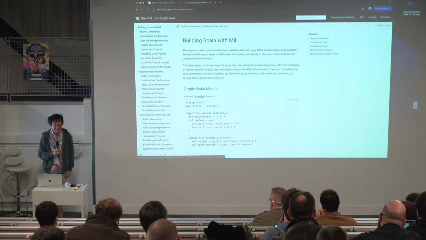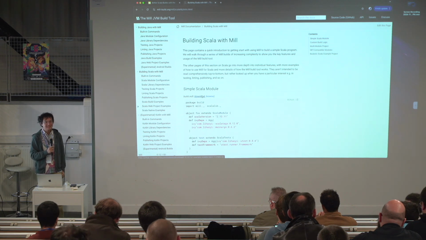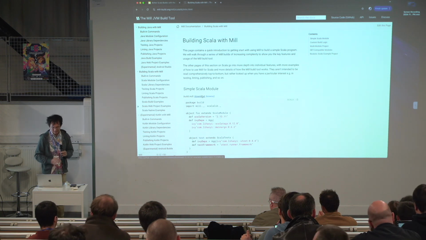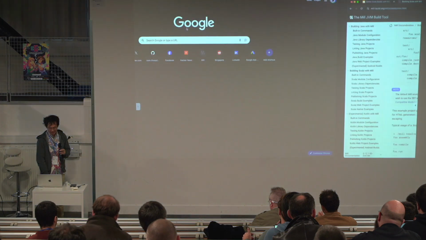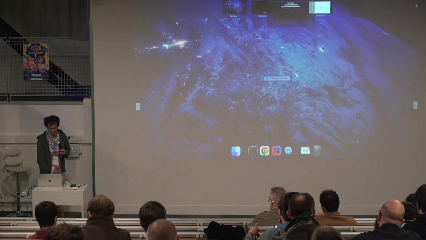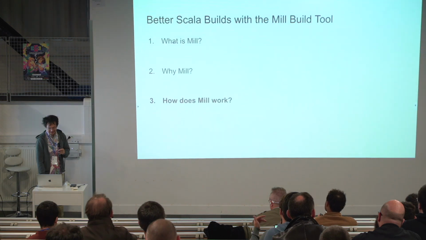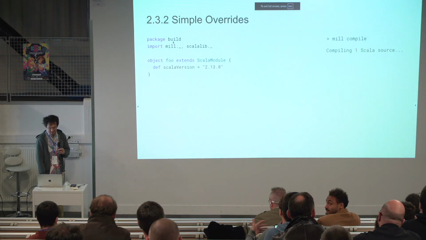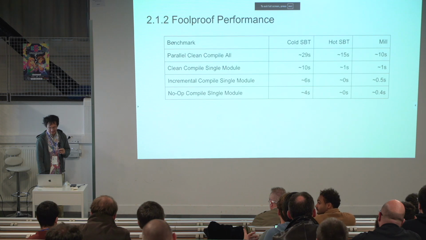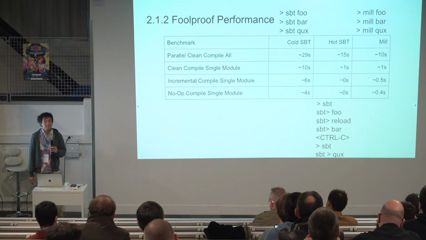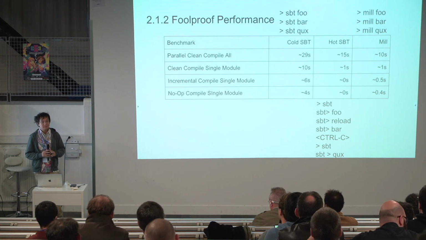Thank you very much for the talk, and thank you very much for Mill. I wanted to ask about the comparison between performance of SBT and Mill. You showed that the performance of Mill is really comparable with SBT. Yes. When it's hot, when SBT is hot and it's already run for a while. What enables Mill to achieve this? Is it like an architectural?